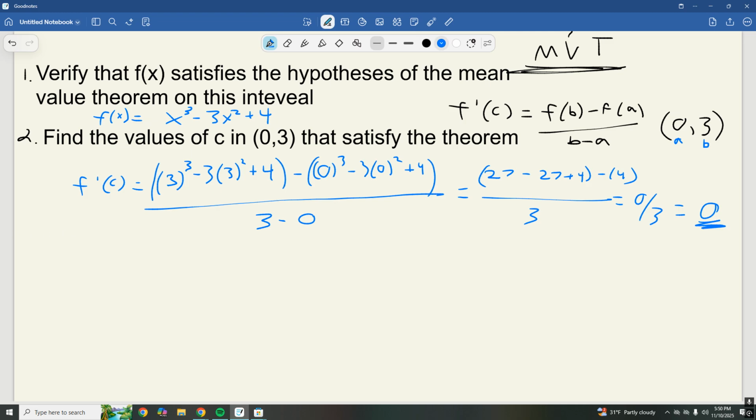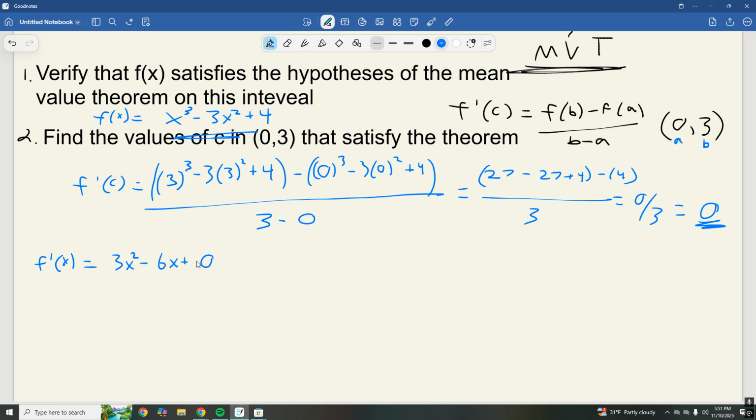Now that we have our f'(c), we have to take the derivative of our function here. So f'(x) is 3x squared minus 6x plus 0.